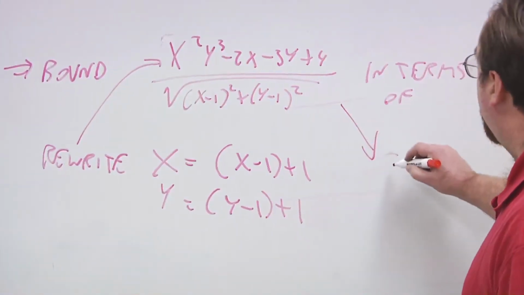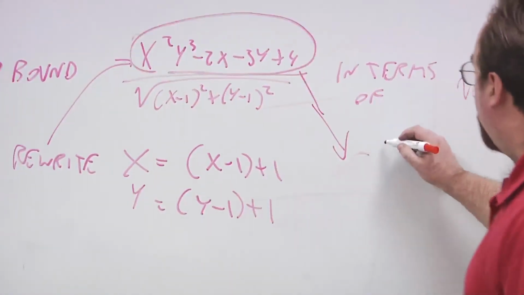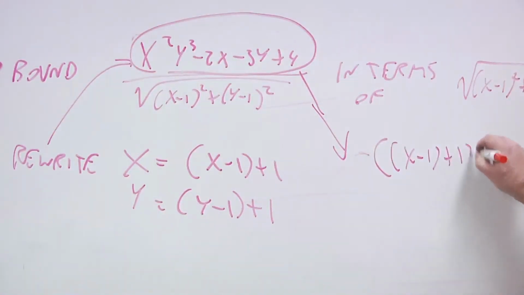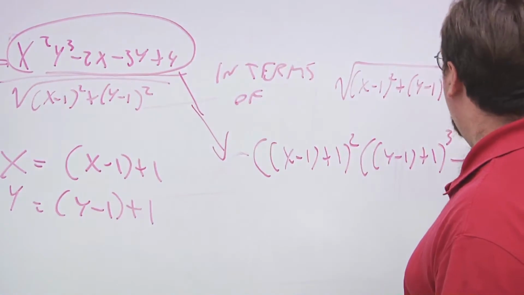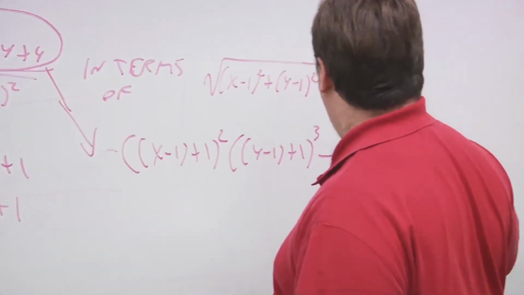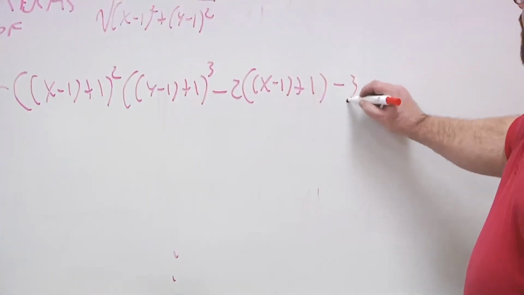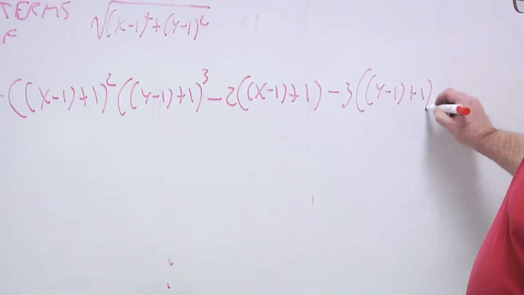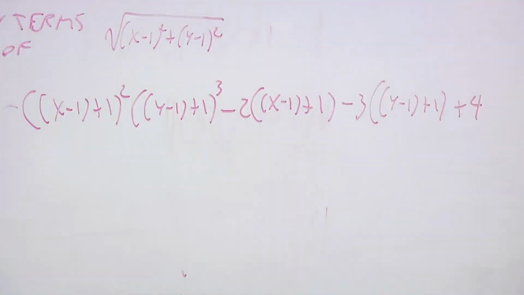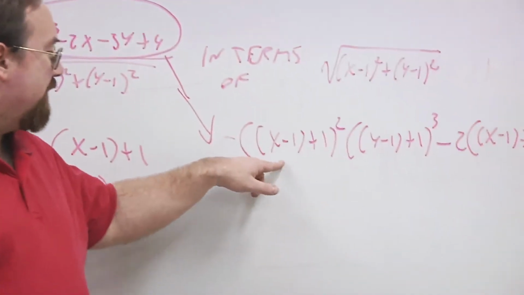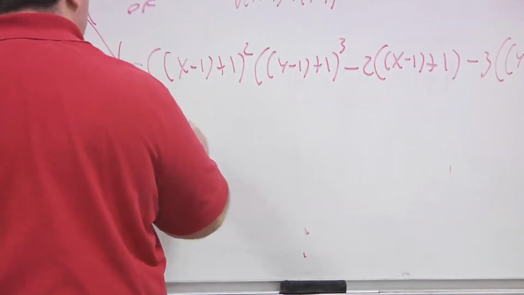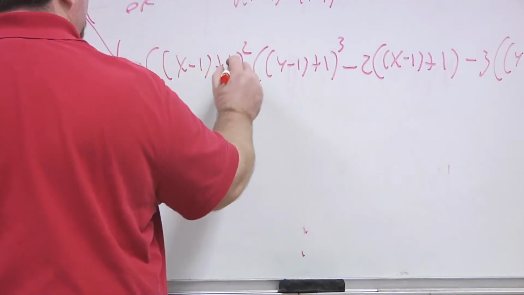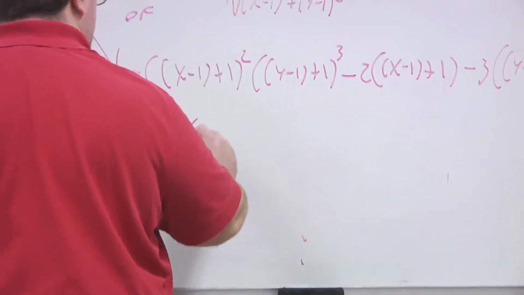So this whole thing, I'll just do the numerator. So we'll have (x minus 1 plus 1) squared, (y minus 1 plus 1) cubed, minus 2(x minus 1 plus 1), minus 3(y minus 1 plus 1), plus 4. This is where things are going to get a little messy. So to square this part, we're going to get (x minus 1) squared plus 2 times 1 times (x minus 1) plus 1.